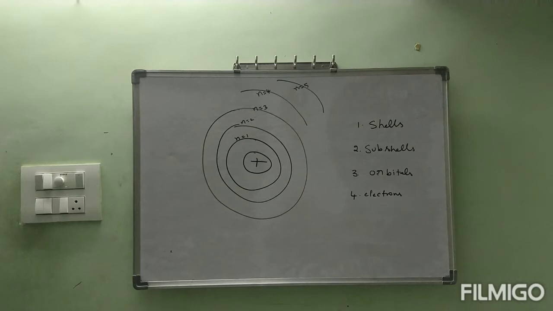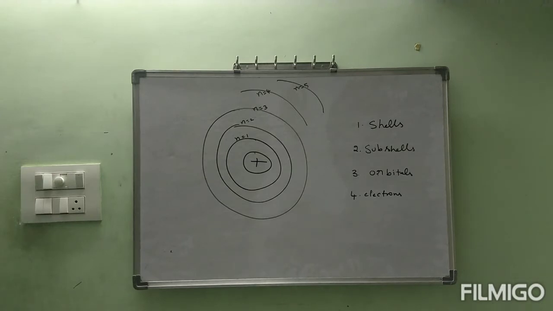The n is equal to 1 shell has 1 subshell. The n is equal to 2 shell has 2 subshells. I will write that also on the board. The n is equal to 3 shell, the third shell, has 3 subshells. The fourth shell has 4 subshells. The fifth shell has 5 subshells. So that number is equal to the number of subshells.